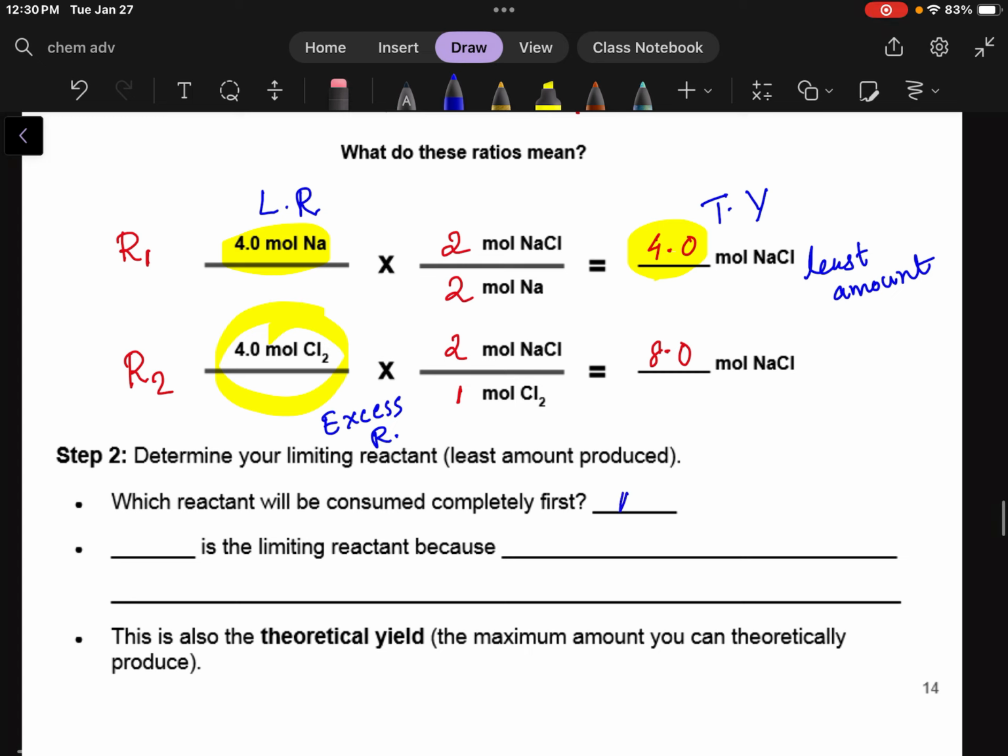Okay, go down, right. Sodium will be completely consumed first. Sodium is the limiting reactant because it produces the least amount of product.